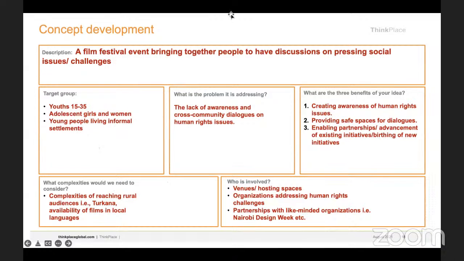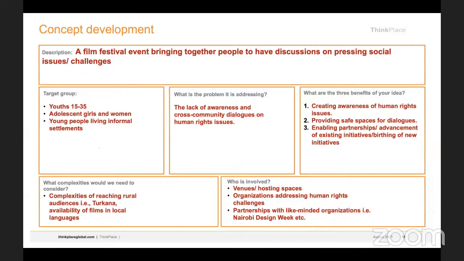So the idea is when each of you reaches the point of ideation. For example, for Francisca, when you talk about the idea of apprenticeship, you will come here and describe what it is. This is an apprenticeship program to connect young people with professionals in the industry, or something like that. Who are you going to target?